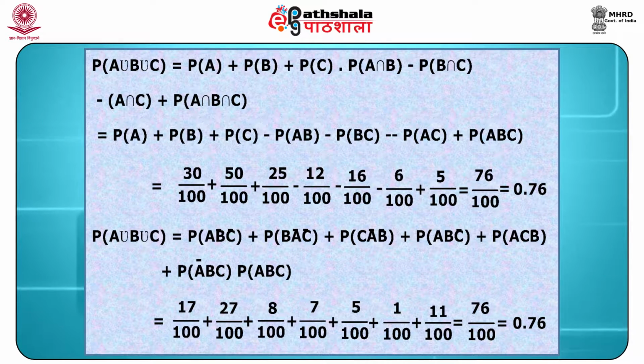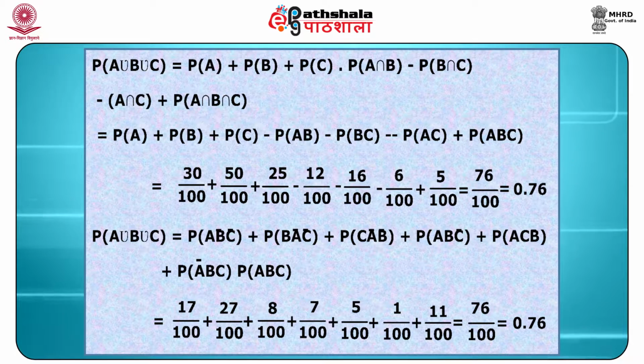Now, the probability of A union B union C is equal to P(A ∩ B' ∩ C') plus P(B ∩ A' ∩ C') plus P(C ∩ A' ∩ B') plus P(A ∩ B | C') plus P(A ∩ C | B') plus P(B ∩ C | A') plus P(A ∩ B ∩ C).